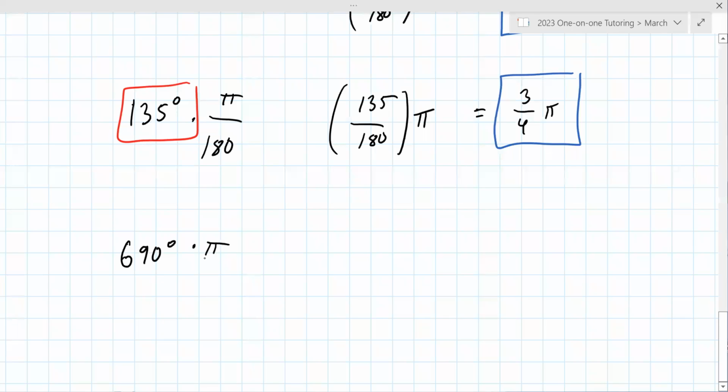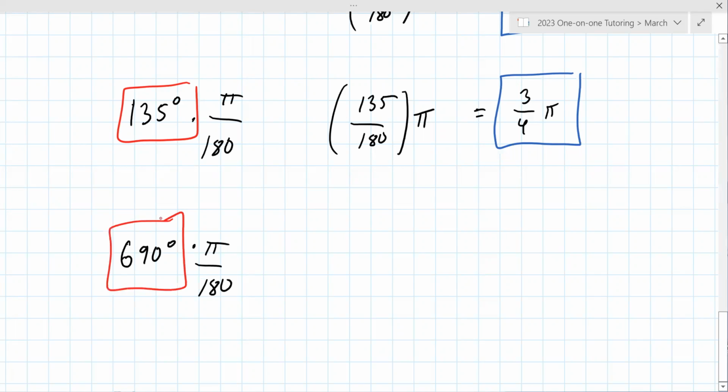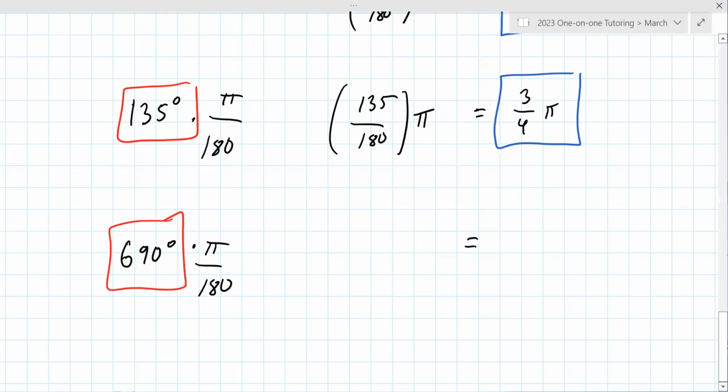So then 690 divided by 180 is 3.83. It's going to have to be a fraction in your exam. It has to be a fraction.